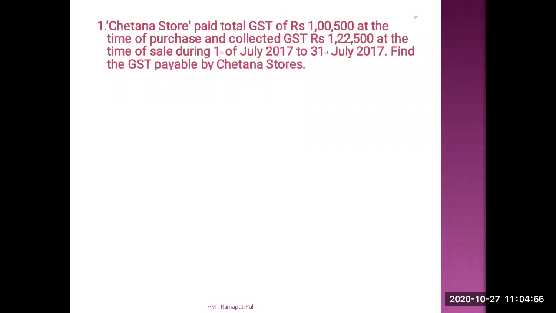Sale and purchase, correct? Means GST payable is equal to output tax minus input tax. We know what is output tax. We know what is the input tax. Now subtract it. What will you get? Yes, it is 22,000. Let's see how to write it.